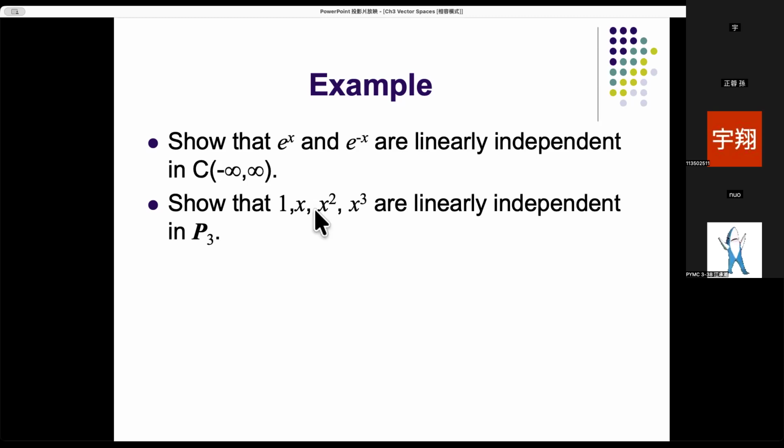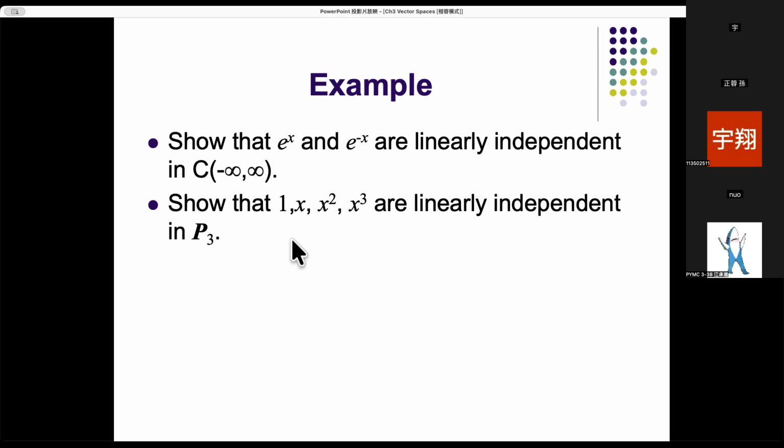Keep in mind that this x could be any number, right? So in order for this equation to hold, this a, b, c, d must be all zero. Why?